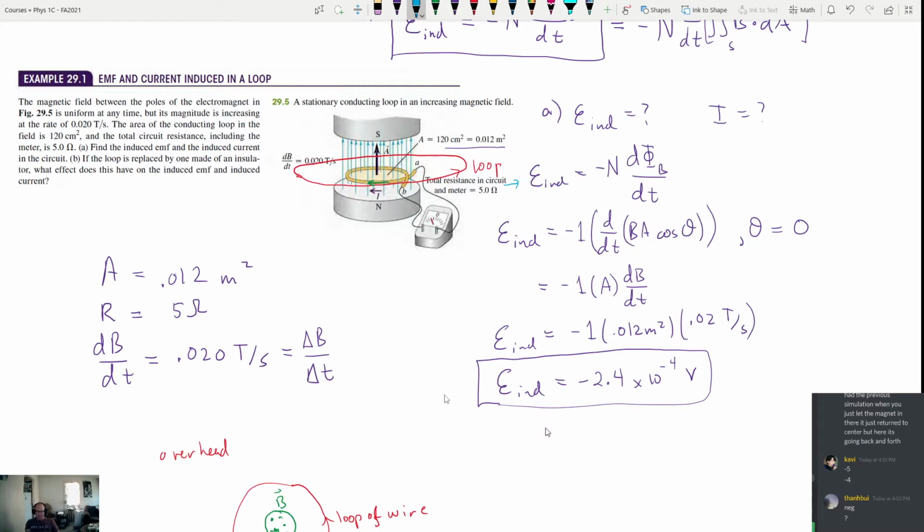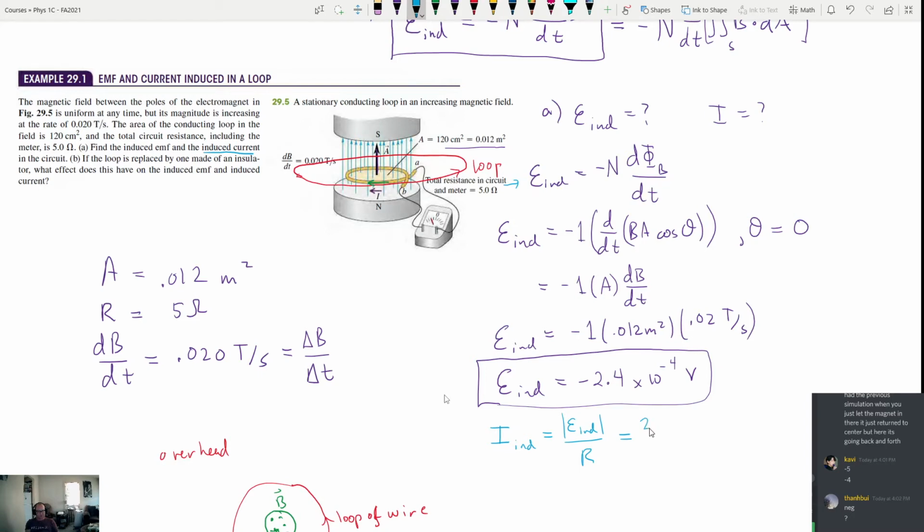All right. So next is we want to find the induced EMF and the induced current. To find the induced current, this is really quite easy to do. All we need to do is to take our induced EMF, and we're going to divide by the resistance. I'm going to find just the magnitude of the induced current. I don't really care about this negative sign here for now.